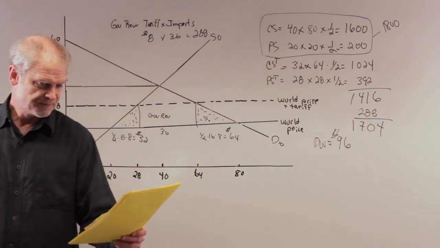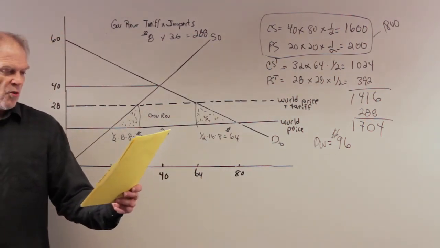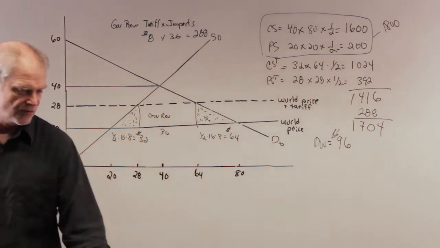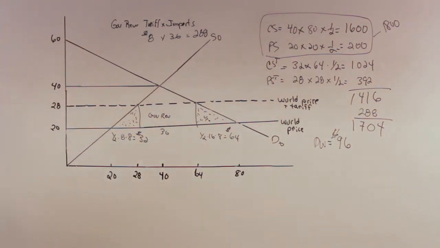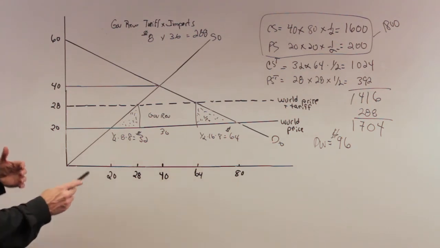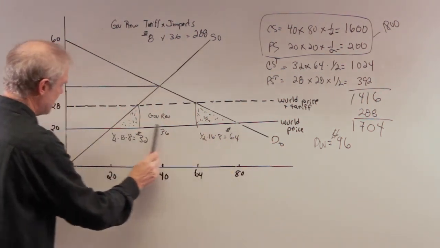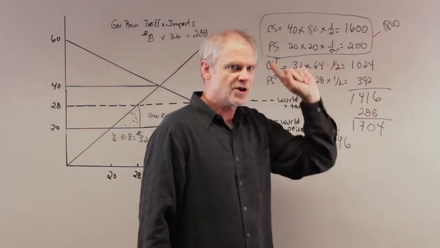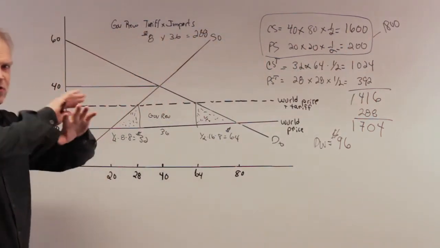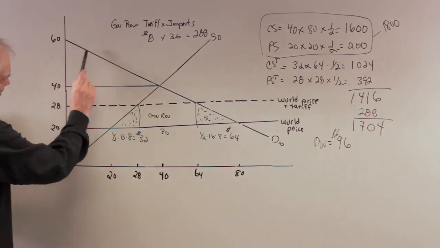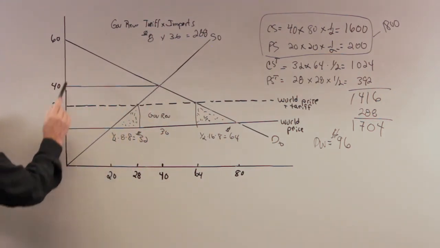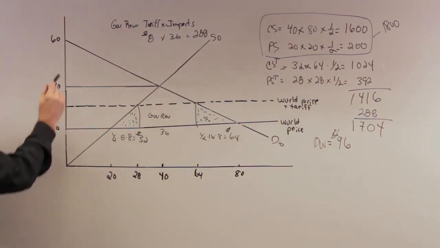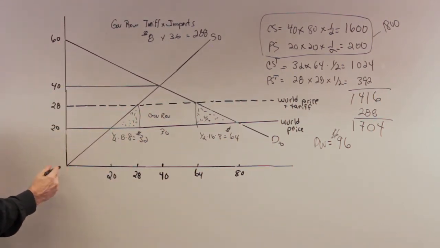So lastly, when comparing no trade to free trade, the gains from trade amount to. So when you compare free trade to no trade, we're going to go way back a little bit. So now we had free trade, and we know that surplus with free trade is $1,800. The question is, what's the surplus with no trade? With no trade, the surplus is this area and this area, right? It's the consumer surplus and the producer surplus. So that's 60 minus 0, that's 60.